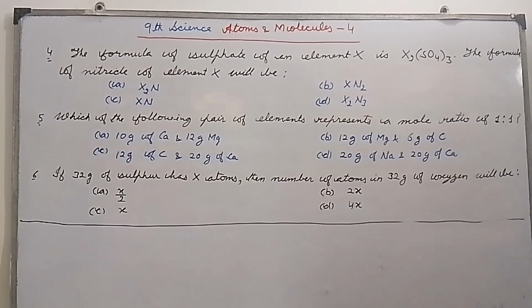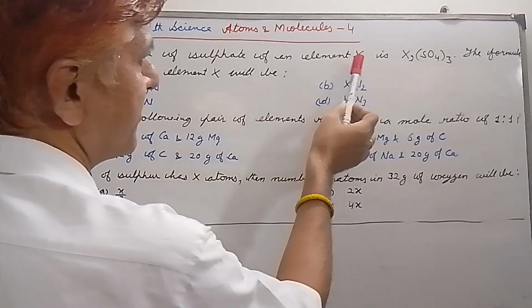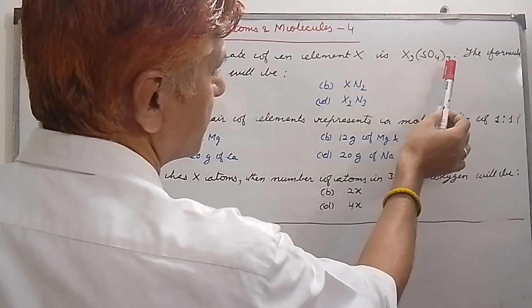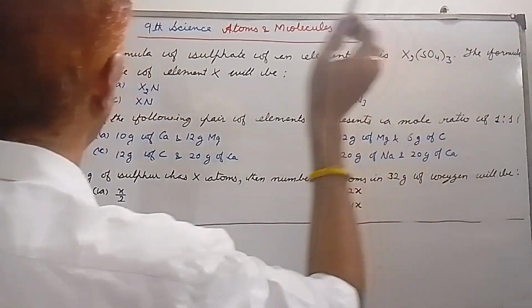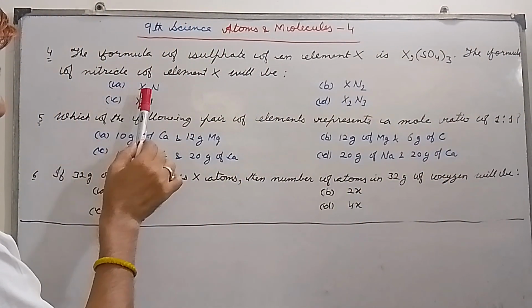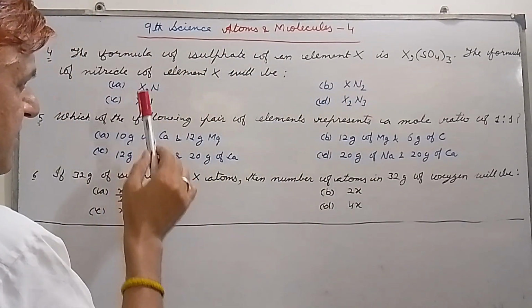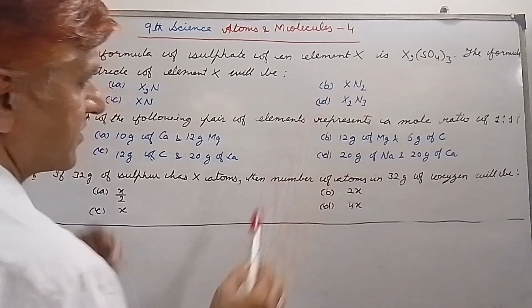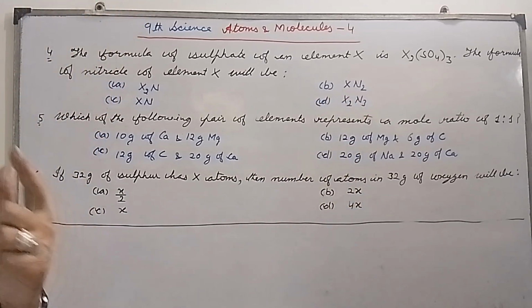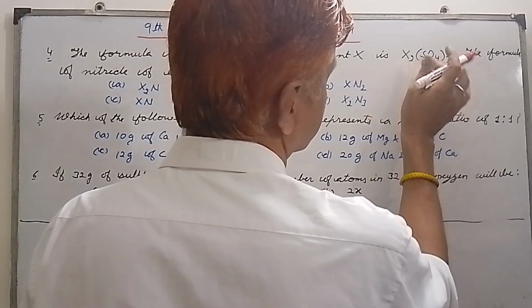So 1 and 3. So A is the correct option. Now my dear students, we have the next question. Question number 4. The formula of sulfate of an element X is X2(SO4)3. The formula of nitride of element X will be: first option is X2N, second is XN2, third is XN, and D is X2N3. So my dear students, here what is the valency of X?